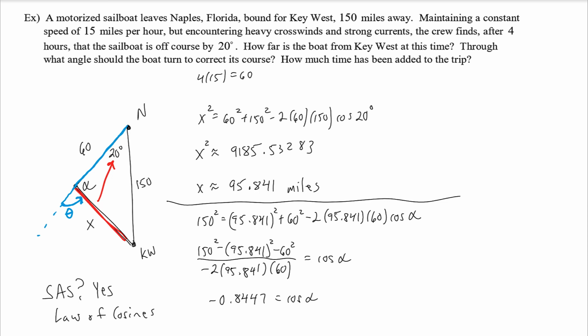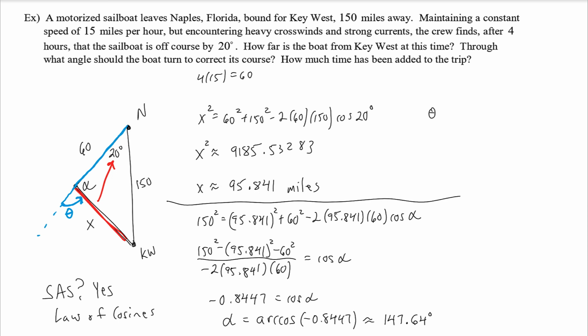And then, so alpha, you got to do inverse cosine. So inverse cosine of that. And let's see what we get. So we're going to inverse cosine that bad boy. We're going to get 147.64 degrees. That's alpha. We want the exterior angle though.